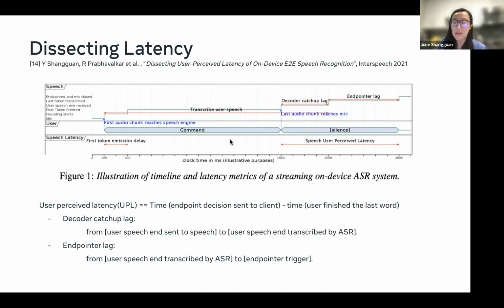So this is a very complicated graph, but I want to just show you that this middle chunk is the timeline of the user command and some silence at the end. When the first chunk of audio reaches the model, we start counting. When the last chunk of audio reaches the mic, we start another timer.